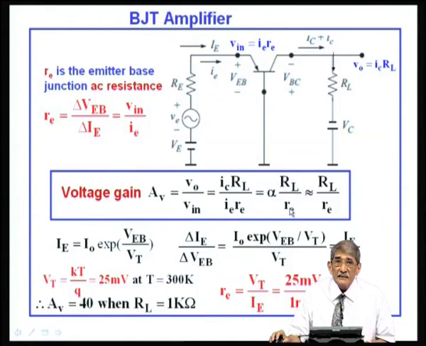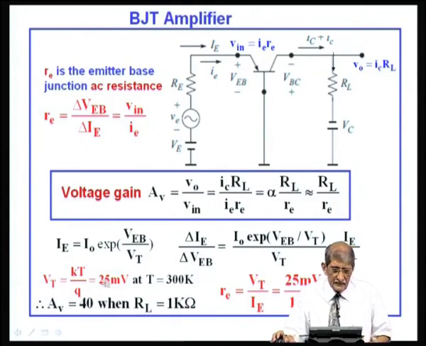Now, re is actually the incremental resistance of this forward biased junction, which is delta VEB divided by delta IE, where delta VEB is the small signal voltage, that is vin, and delta IE is the small signal current, that is ie. Now, how much will this be?